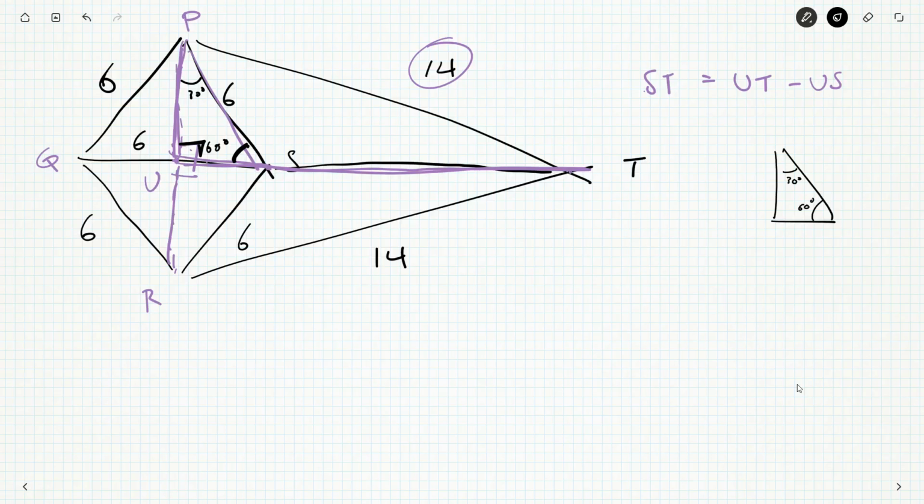But really, I just remember the ratios are 1 to root 3 to 2, in increasing order being opposite the increasing size of the angles. So if I know the hypotenuse here is 6, I know that the shortest side is going to be half that, so 3. So now I know what US is. It's 3. And I know the altitude is going to be root 3 times that shorter side, so it's going to be 3 root 3.